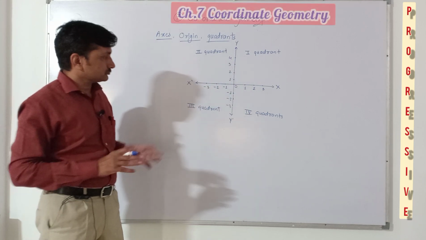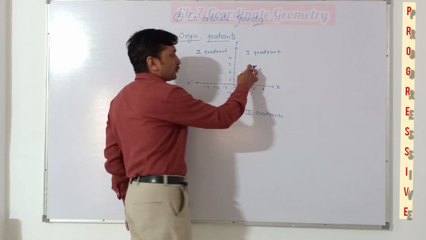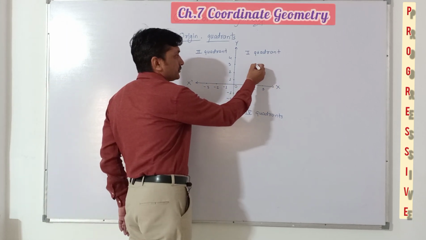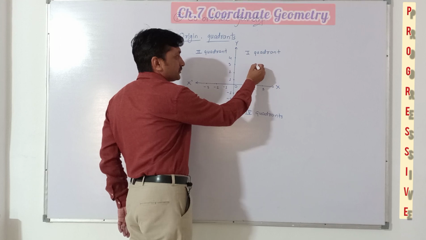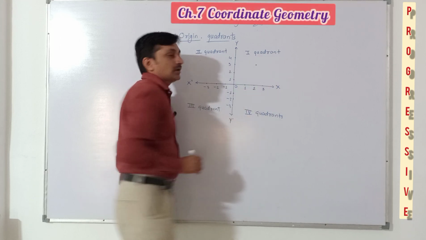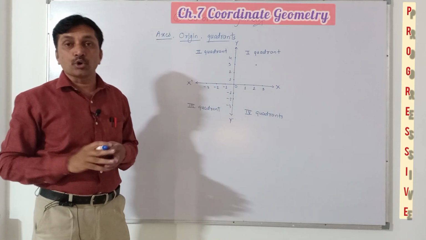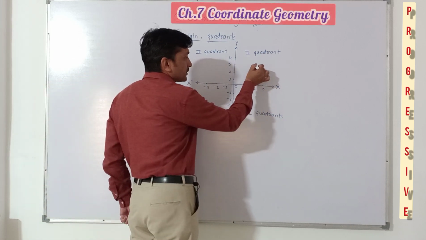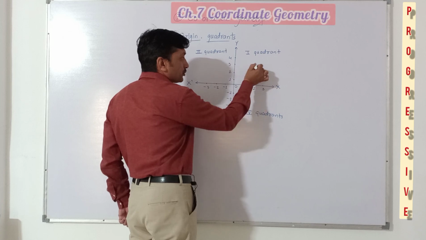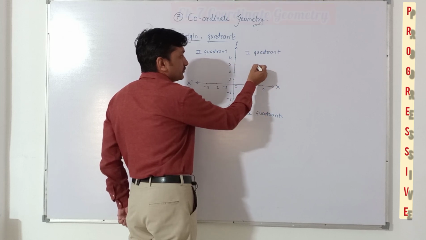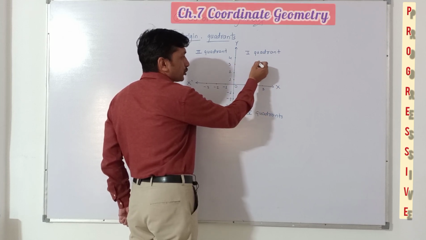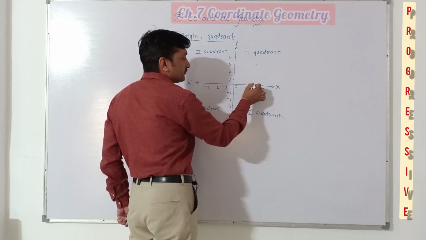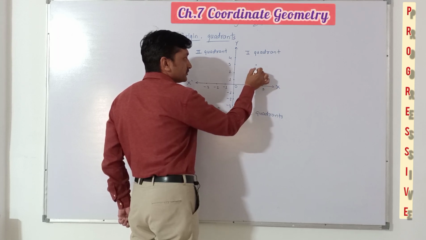Now, if we take any point here, if I draw this point here, and I want coordinates of that point. Now, when we write coordinates, we first write x coordinate and then y coordinate. We will see first what is x coordinate of this.